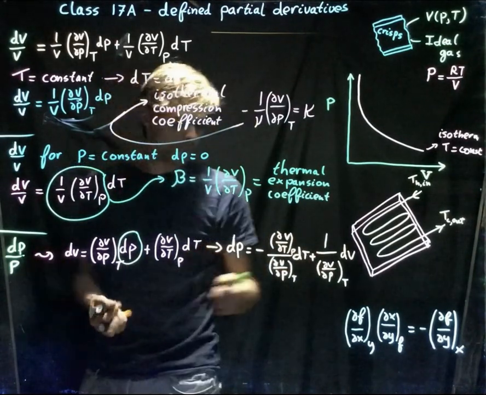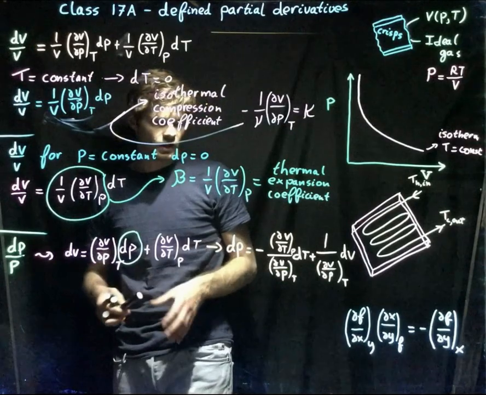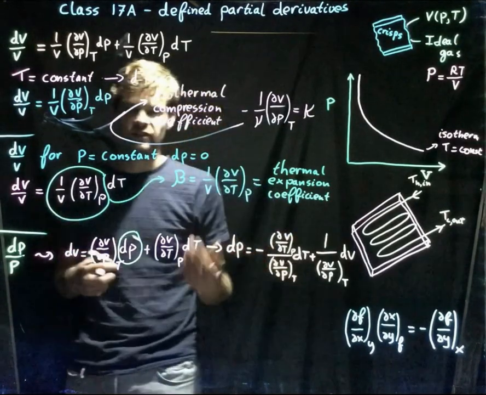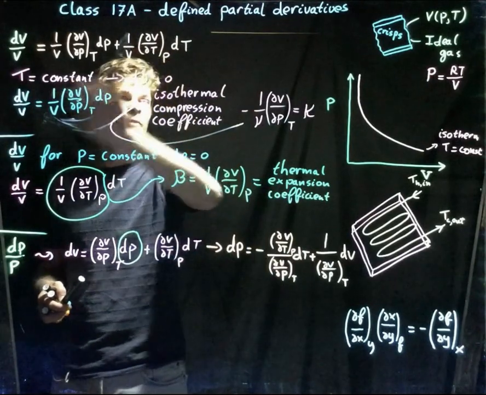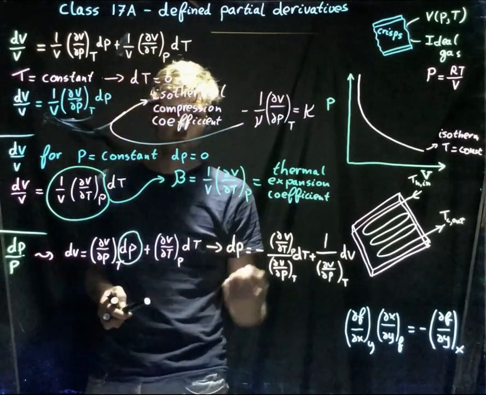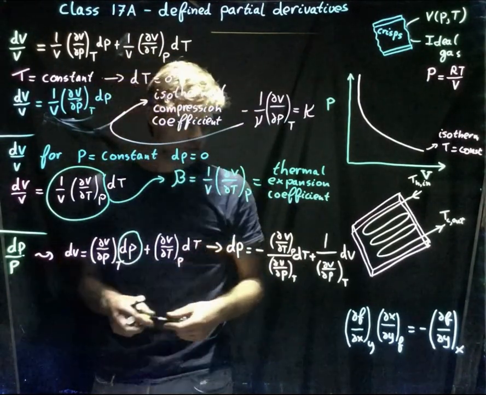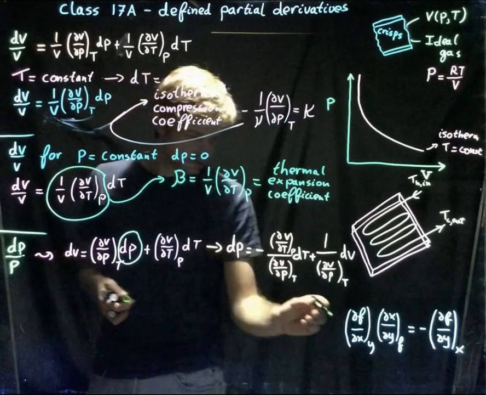Okay, now, because this looks very complicated, it's not very useful, and actually these defined partial derivatives are very useful, so I want to get to a useful equation, and that's why I need this equation.